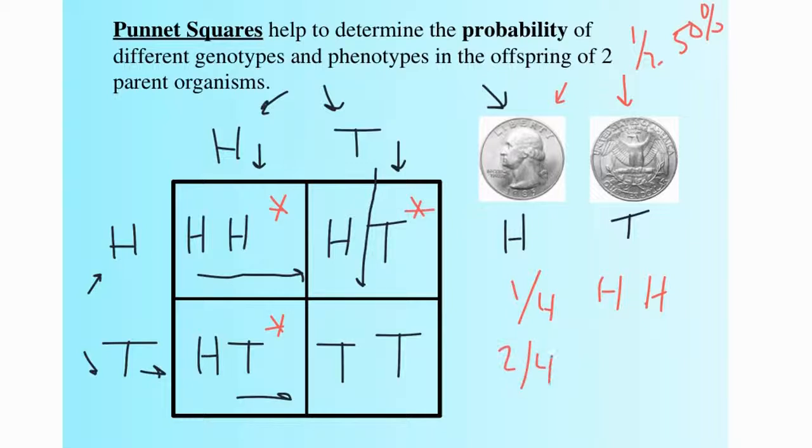So that is 2 out of 4, or 1/2, or 50%, however you want to say it, it means the same thing. And last, what are the chances of getting 2 tails? Only 1 out of 4 boxes has tails, tails. So that's a 1 out of 4 chance of getting a tails and the other quarter being a tails. So that's how it works.